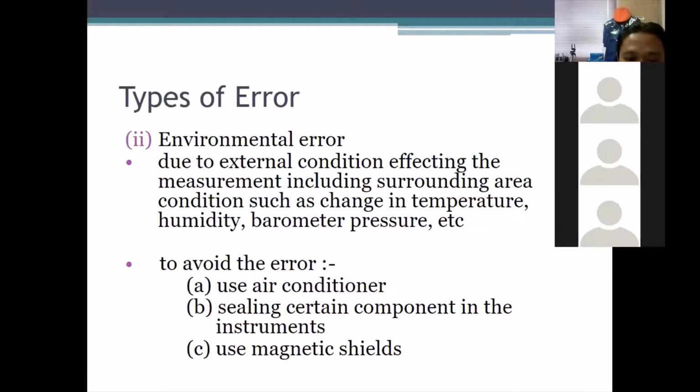Second, seal certain components in the instrument, and also use a magnetic shield. If when doing the measurement you have magnetic fields inside your working area, we have to use a magnetic shield to protect our instrument.